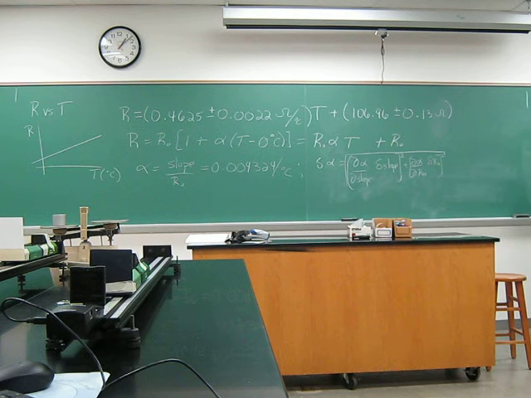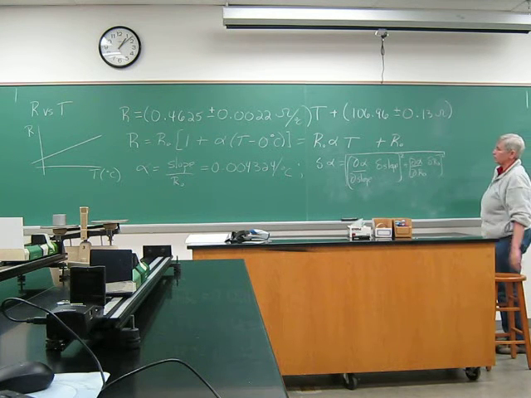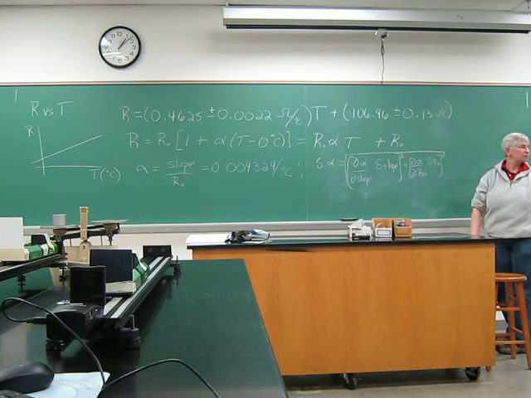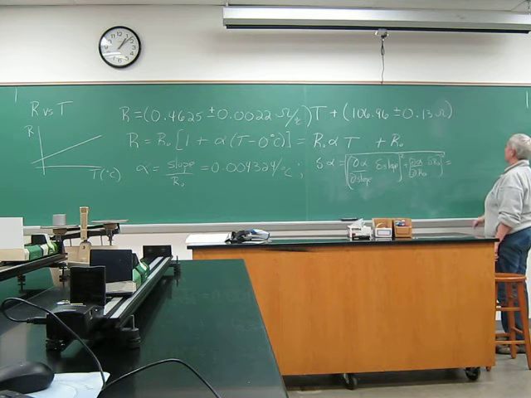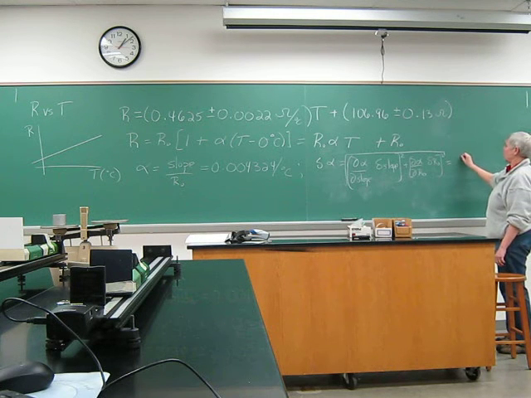Okay? So, the partial of alpha with respect to the slope, you tell me. Okay, it's just 1 over R naught.